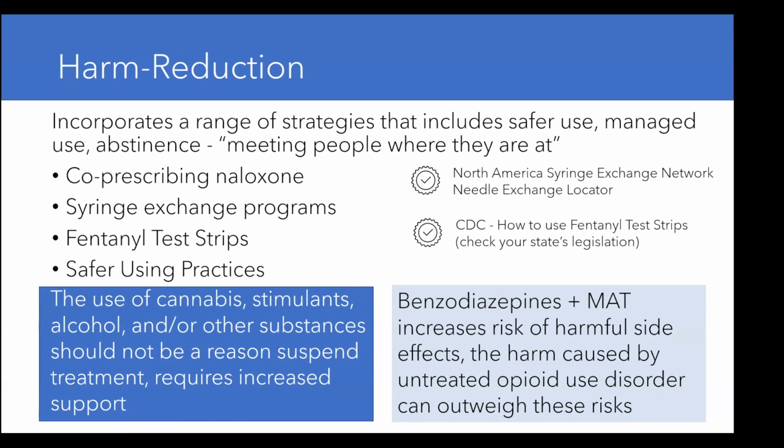It incorporates a range of strategies that include safer use, managed use, abstinence, and meeting people where they're at. And some of the strategies that can be used in harm reduction include co-prescribing naloxone, syringe exchange programs, fentanyl test strips, and education on safer using practices, such as never using alone.